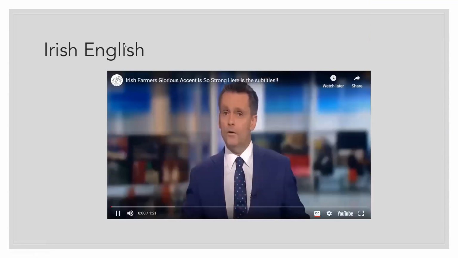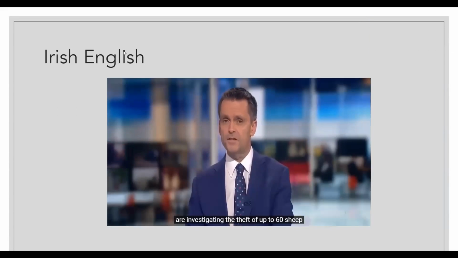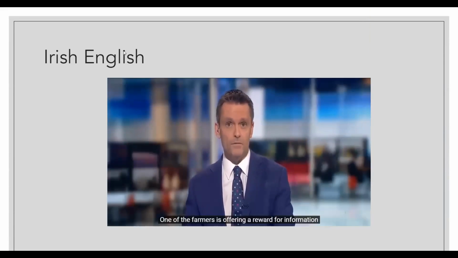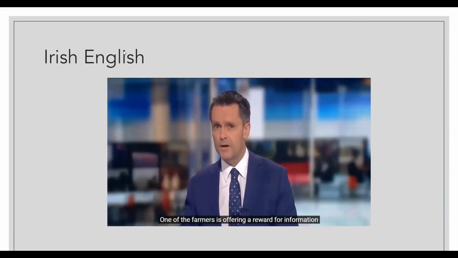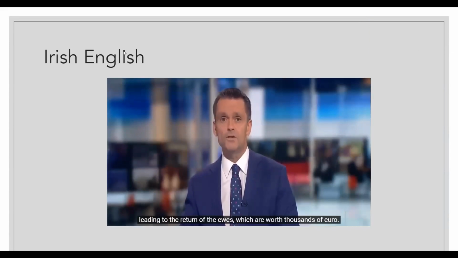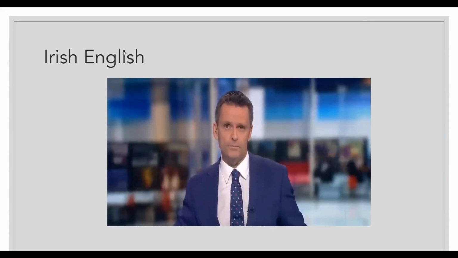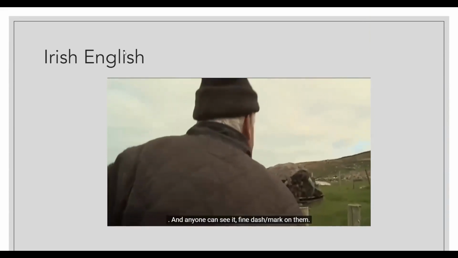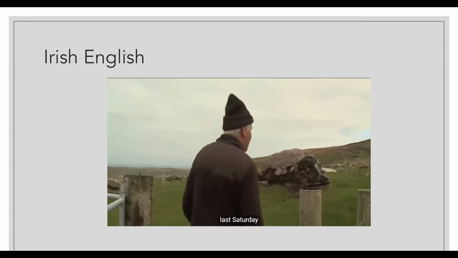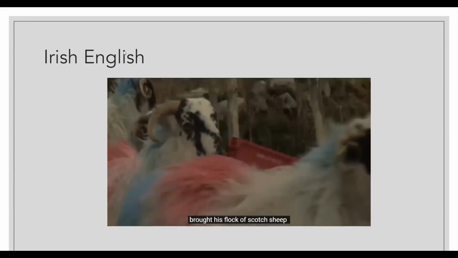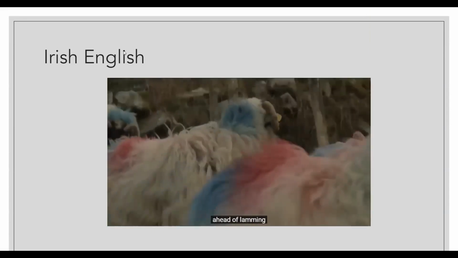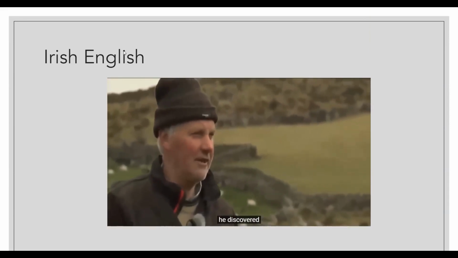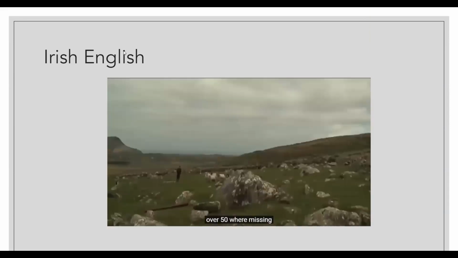Gardaí in County Kerry are investigating the theft of up to 60 sheep on Mount Brandon. One of the farmers is offering a reward for information leading to the return of the ewes, which are worth thousands of euro. Last Saturday, Mikey Joe O'Shea brought his flock of Scotch sheep down from the mountain commonage ahead of lambing. He discovered over 50 were missing.